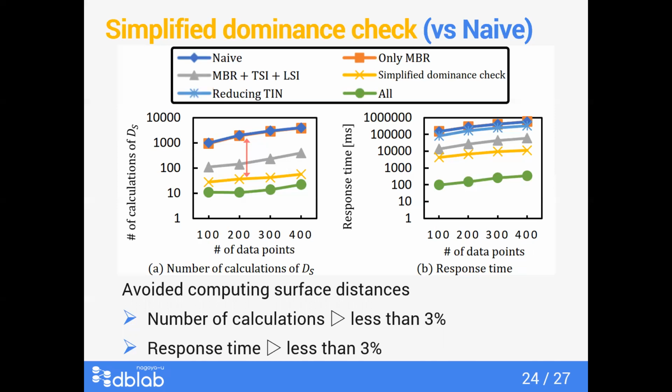It turns out that when calculating the dominance relation, we actually only need to calculate surface distance in about 3% of the calculations, and simplification is applied in 97% of the cases. It means we don't have to compare surface distances in almost all cases, and we can compute its lower or upper bounds.